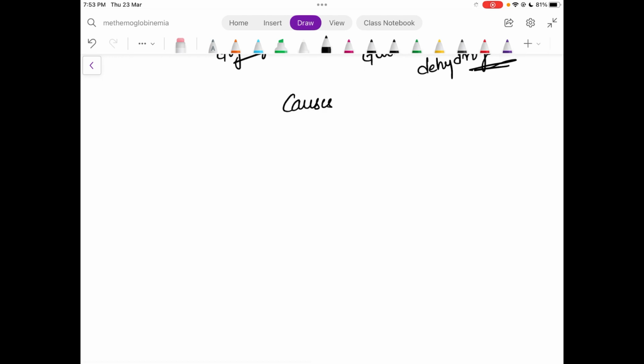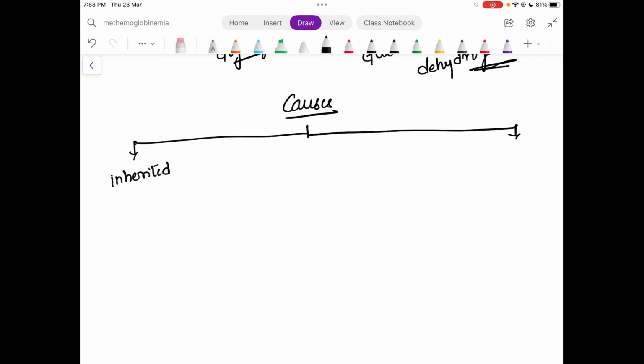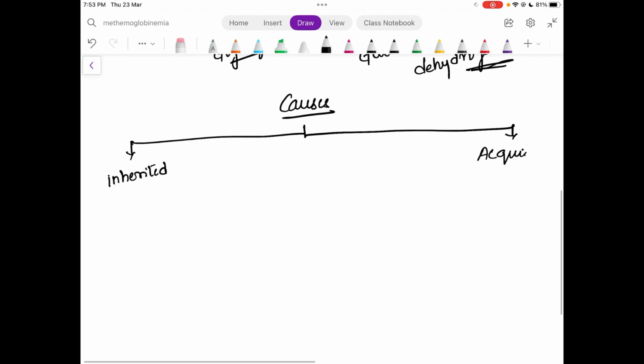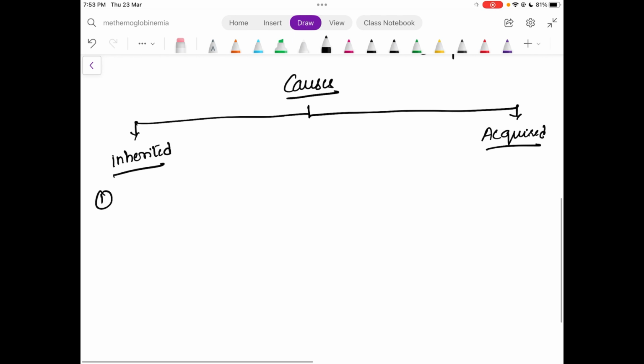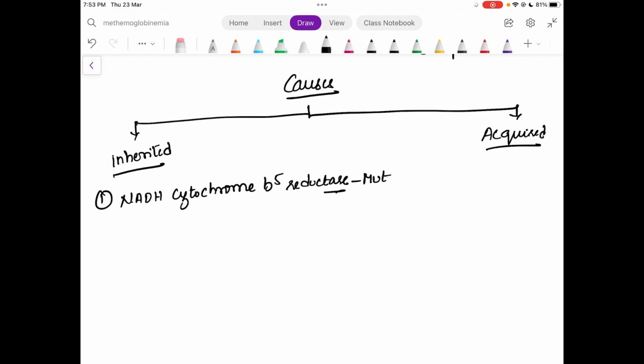Now we will see the causes for methemoglobinemia. These causes can be due to inherited ones or due to acquired ones. In the inherited one, this can be due to NADH cytochrome B5 reductase enzyme mutation.